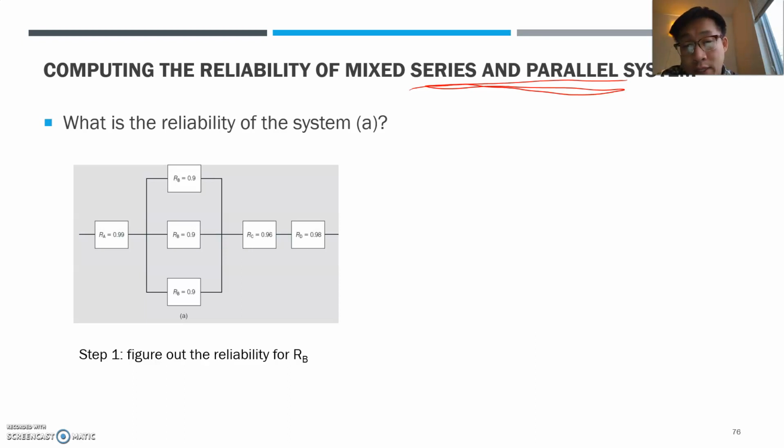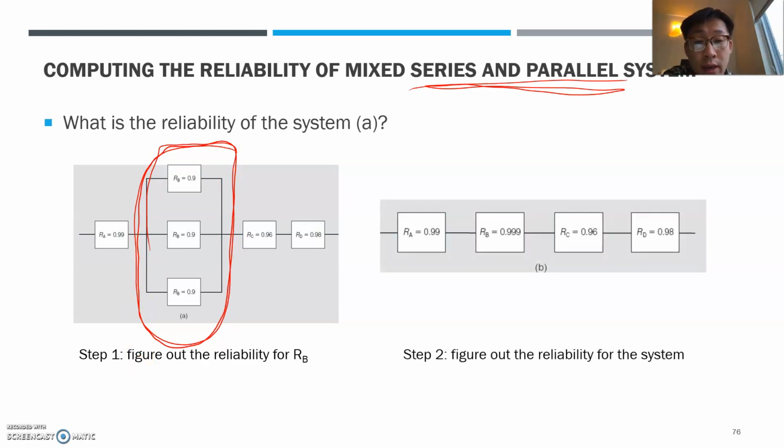So for example, although this looks like a mixed system, if you watch closely, you can simplify this part first. You can simplify this part by obtaining the reliability of this section using the binomial distribution. And then it will turn into a series system that looks like this, a series system with 4 components. So this can be calculated easily.